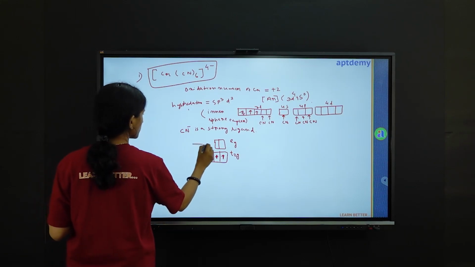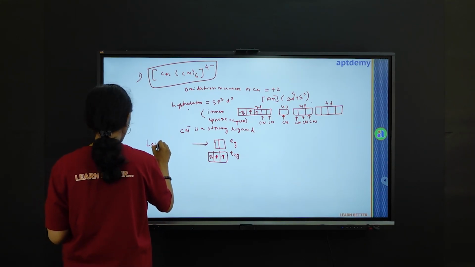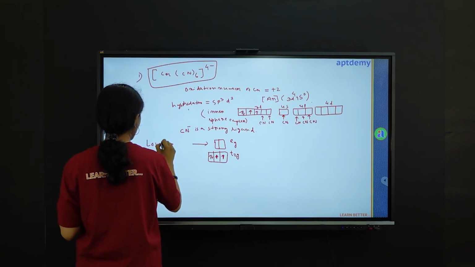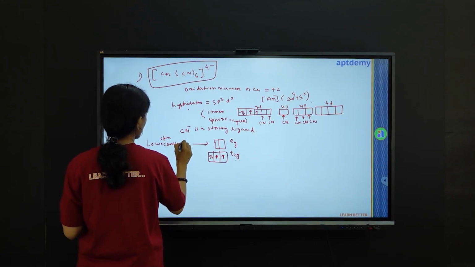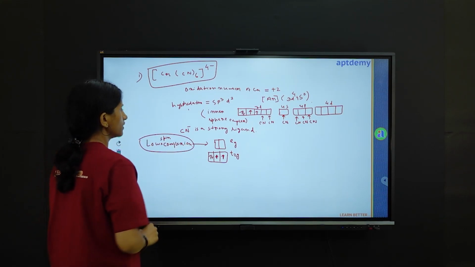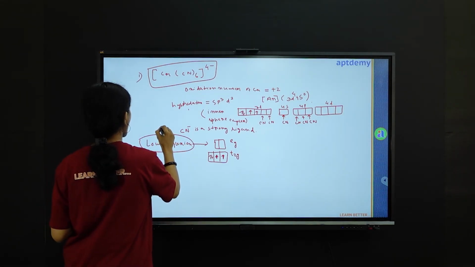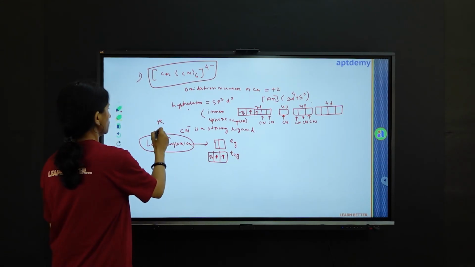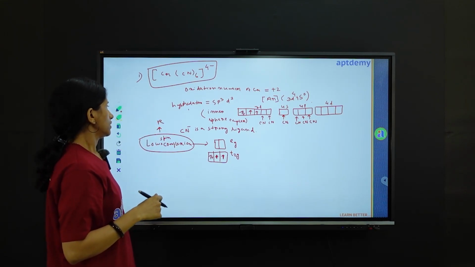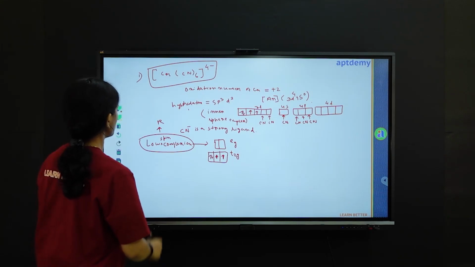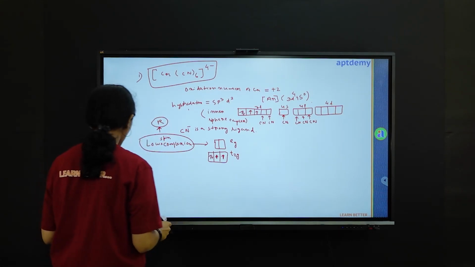So we can say that this is a low spin complex ion. If you check the properties, it will match for R, right? The property R is representing a low spin complex ion. So it is matching with R.